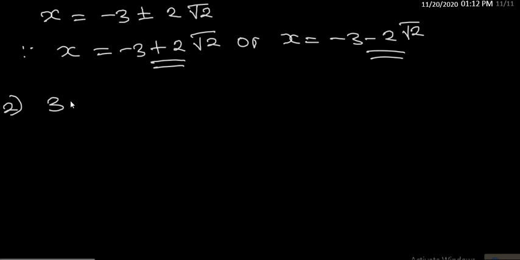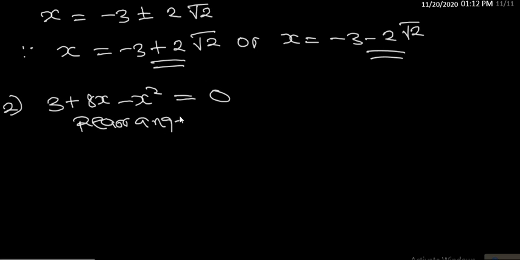Example 2. 3 plus 8x minus x squared equals to 0. Now, before you use the completing the square method, always make sure your quadratic equation is written in standard form. If it is not written in standard form, you rearrange. So in that case, we need to rearrange this equation to be minus x squared plus 8x plus 3 equals to 0.